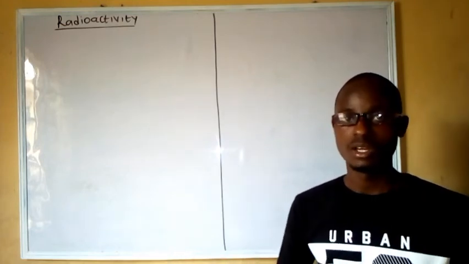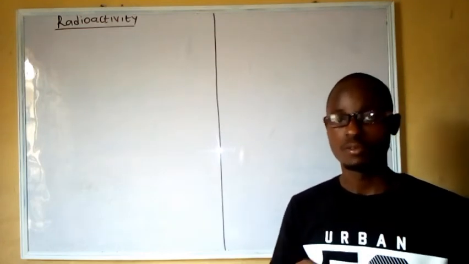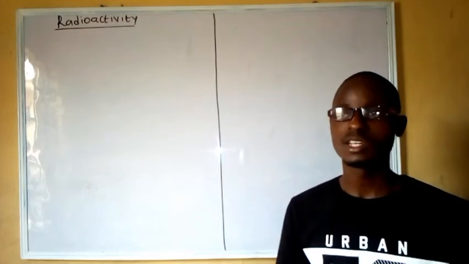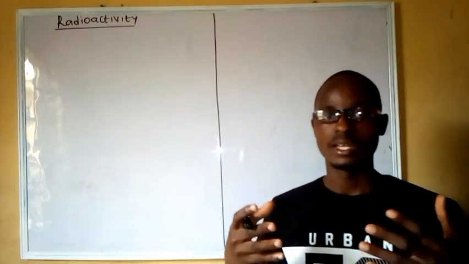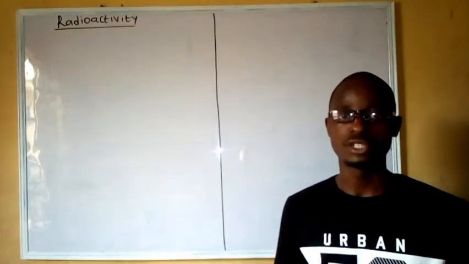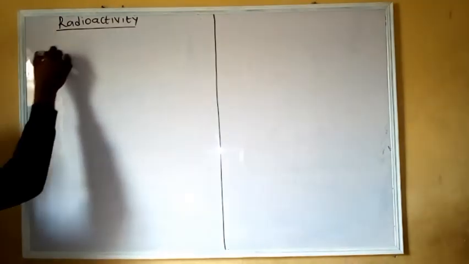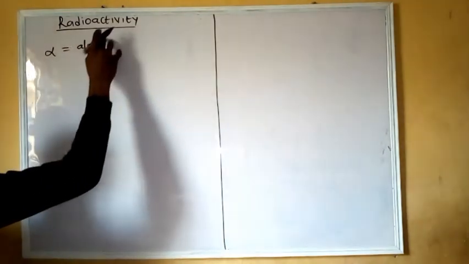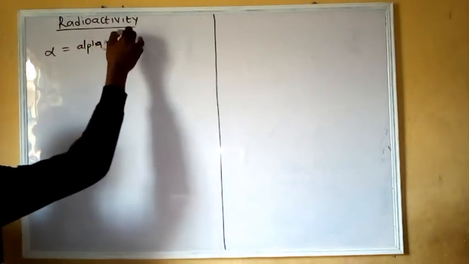There are three major types of radiation that can be released from the nucleus of radioactive isotopes or radioactive elements. We have the gamma radiation, the alpha radiation, and the beta radiation. Let me represent them with their symbols. We have this for alpha radiation, or you call it alpha ray or particles.